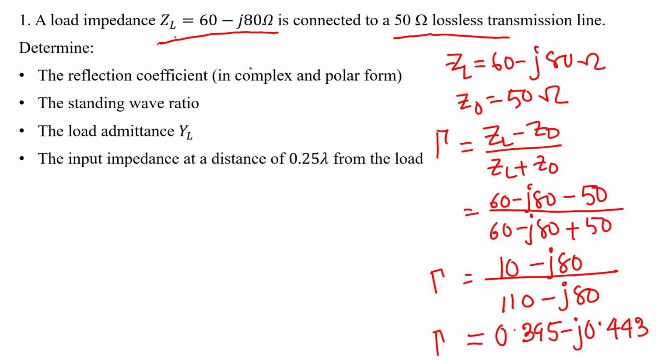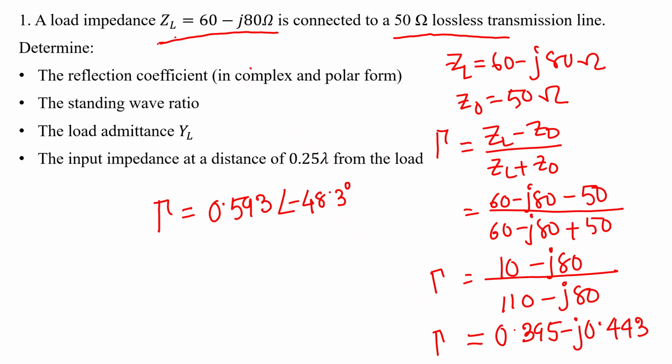In polar form, the value of gamma will be something like 0.593 angle minus 48.3 degrees. Like we have already solved one or two problems, we know how to convert these numbers from complex form to polar form, or from polar form to complex form. So by doing these steps, you can convert these things.